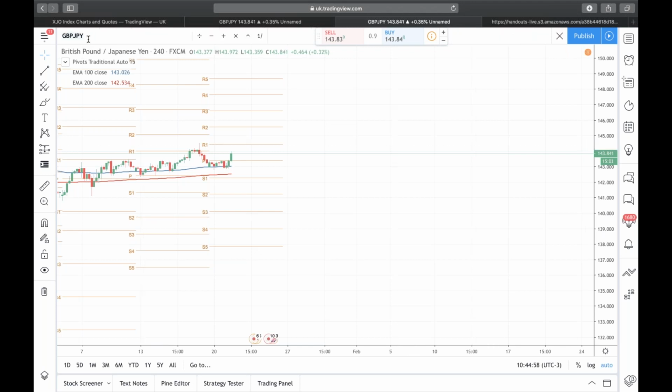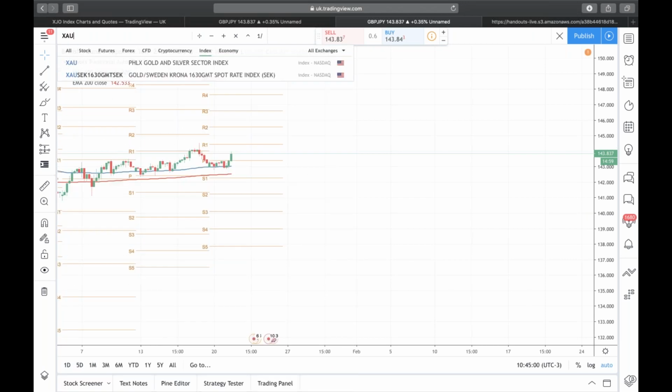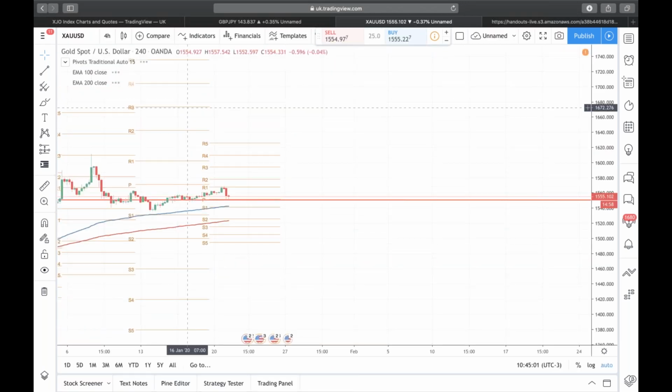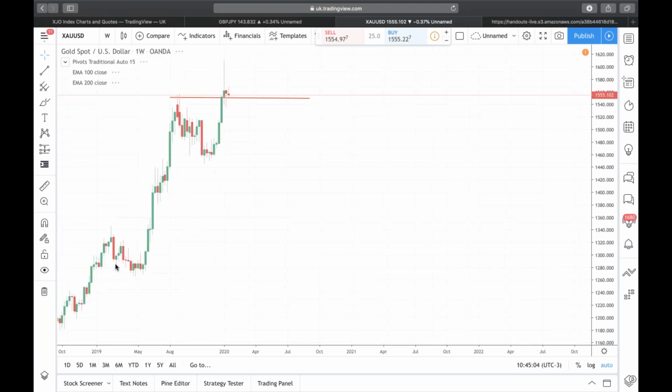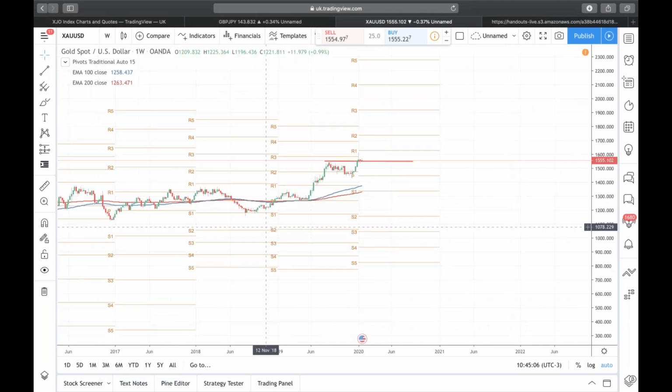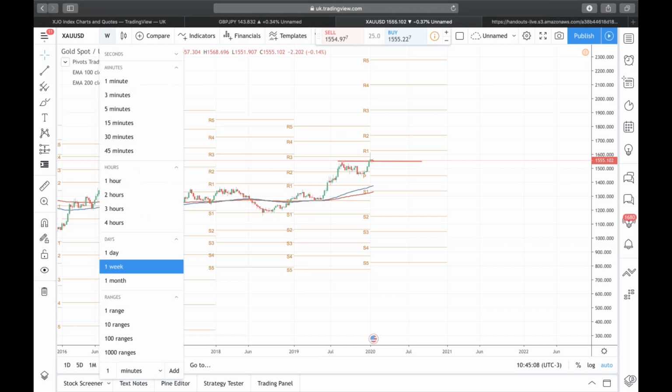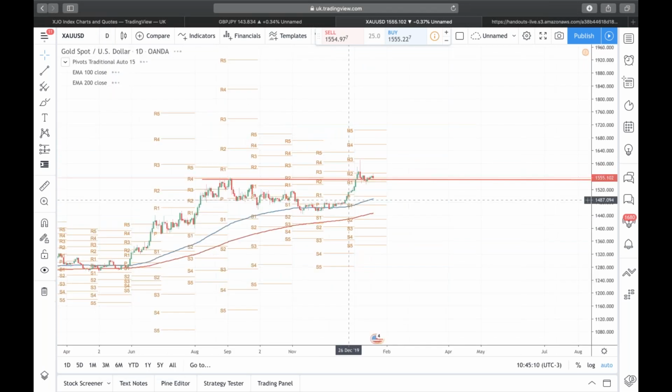Gold. For me, gold had this big bull run that came into January. My gold positioning, I've shared this before: I bought at 1480 and sold at 1572, so I took a big chunk of that leg.